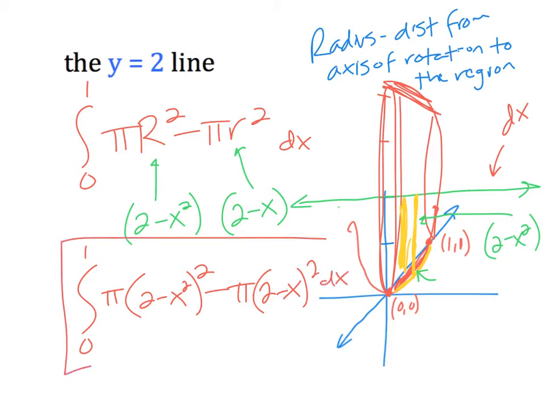And remember, we're just going to be worrying about the setup here. But after you get the setup, you factor out pi. If you had to work this out by hand, I would FOIL that out, collect like terms, and essentially it's just going to be reverse power rule when you apply FTC Part 2. But that would be the setup for the y equals 2 line.